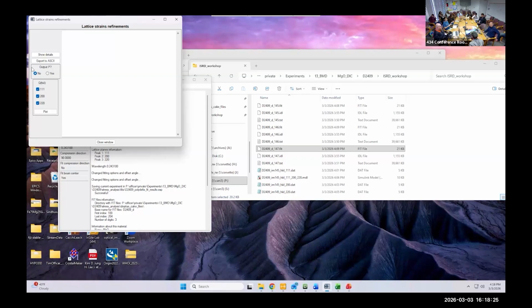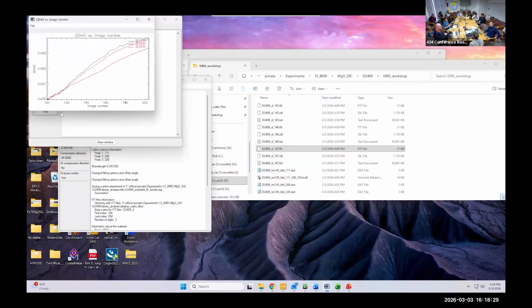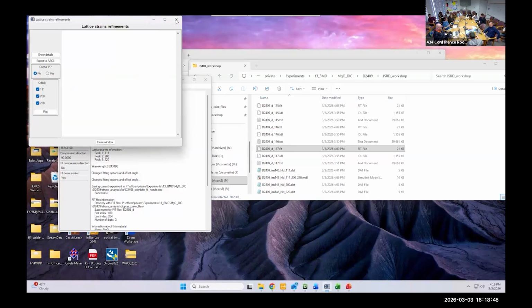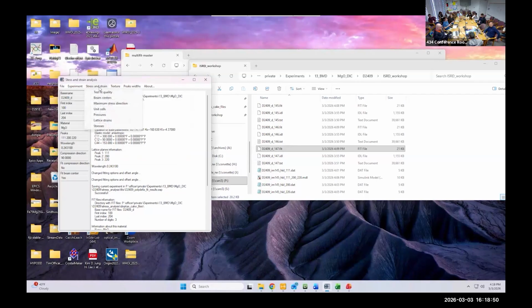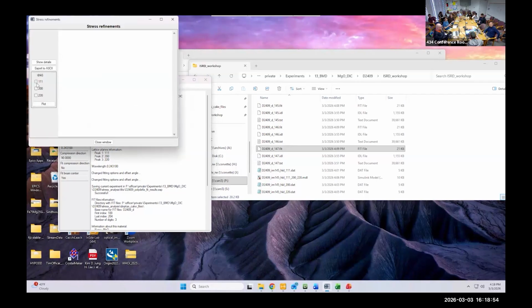It should give you the stress too. Well, anyway, here are our three different. The Q value is the differential lattice strain. I thought it did. That was because we had to put in the stresses. Oh yeah, stresses. I was thinking of last month.